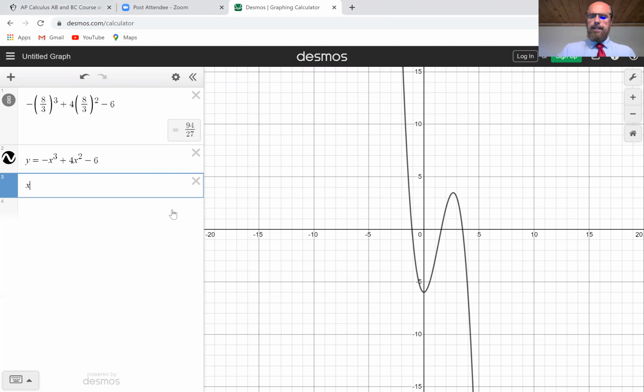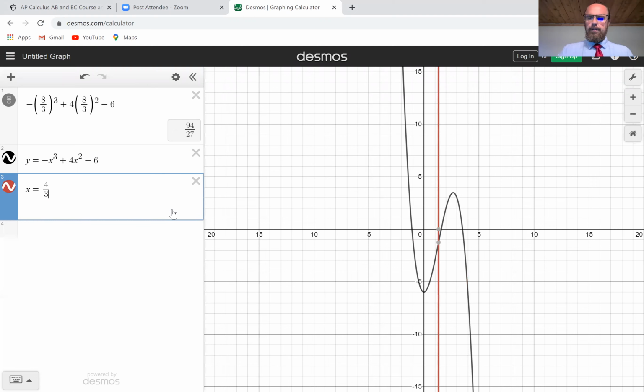If I type in x equals 4/3, we see that's this point right there that changes from concave up on the left to concave down on the right. So what we found algebraically using the concavity test shows up well here on the graph.